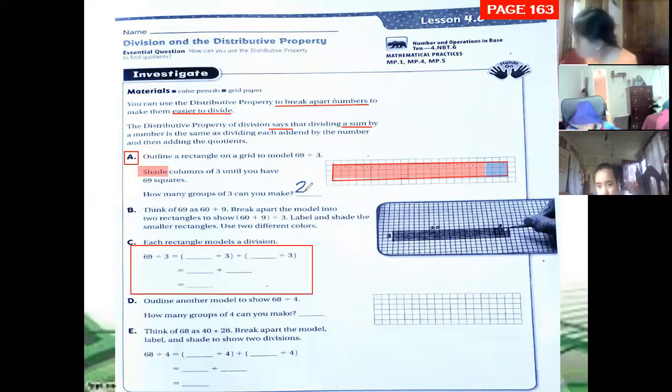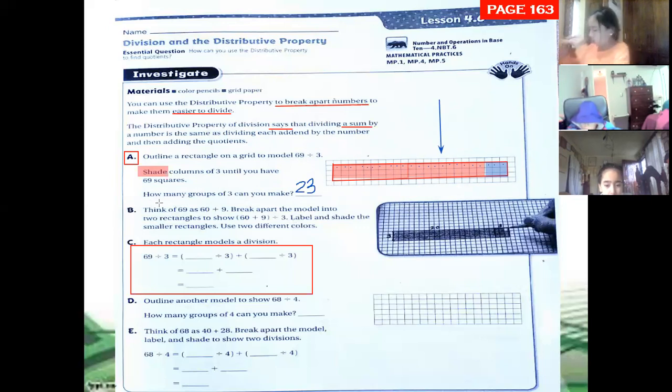So that's the first number we're going to write here. We can shade 23 columns, because the columns go from up to down. We can shade columns of 3, 23 times.